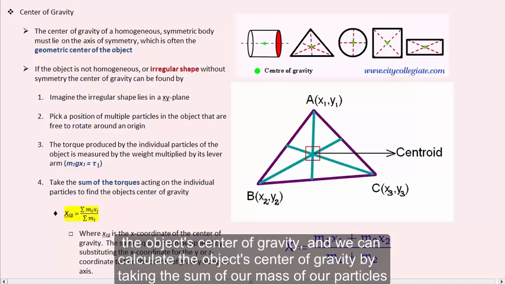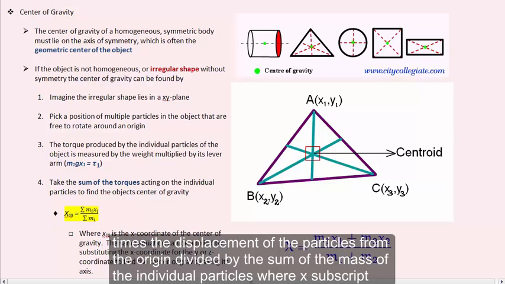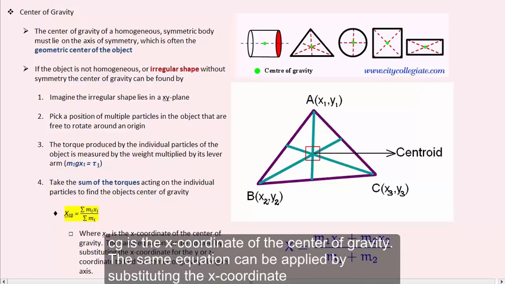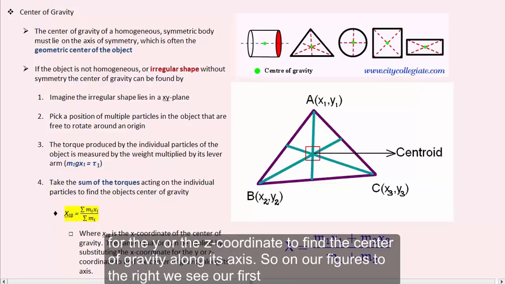And we can calculate the object's center of gravity by taking the sum of the mass of our particles times the displacement of the particles from the origin, divided by the sum of the masses of the individual particles, where x subscript cg is the x-coordinate of the center of gravity. The same equation can be applied by substituting the x-coordinate with the y or the z-coordinate to find the center of gravity along its axis.